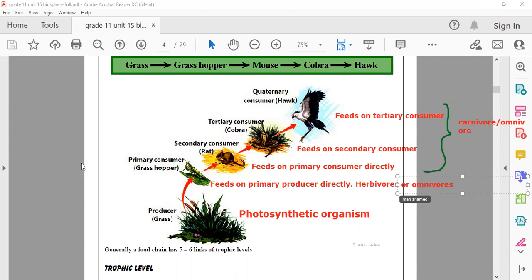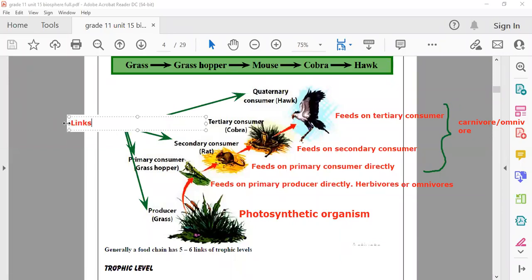Further, every component in a food chain, this one, this one, all of these are called links.